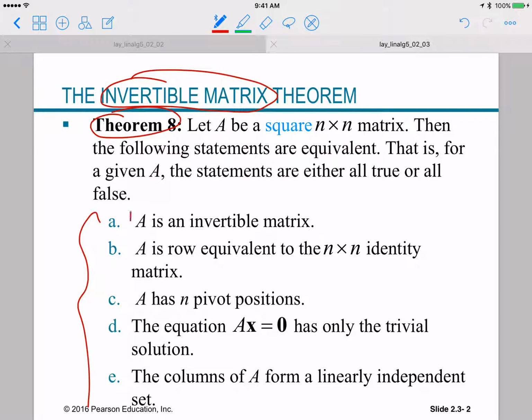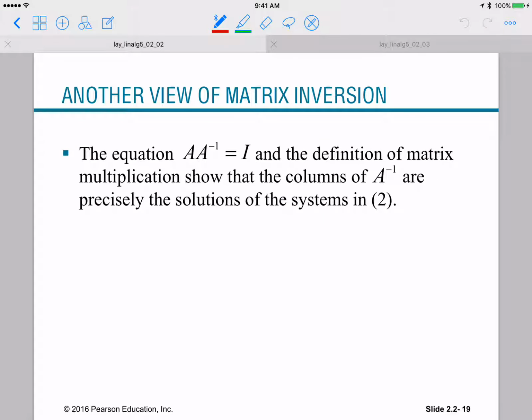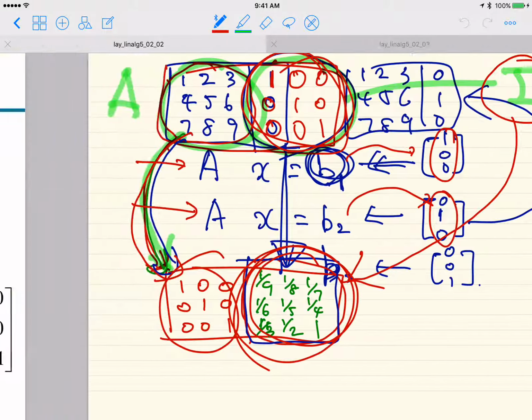Okay, so the simple statement of saying A is an invertible matrix, and all the other things, from B to L, all these items or statements are equivalent to this one, which means, just like what we learned here.